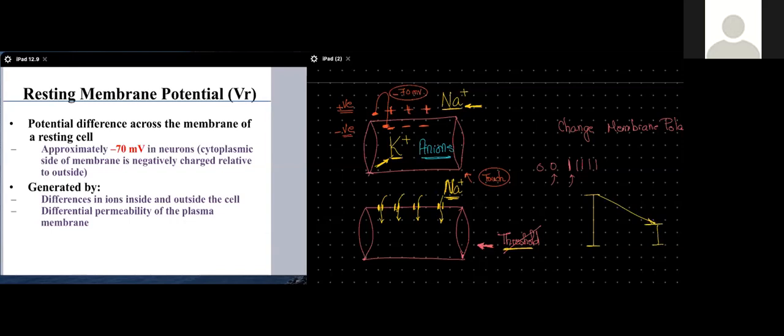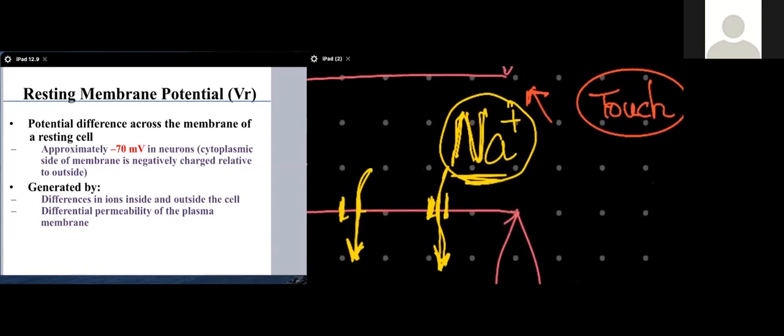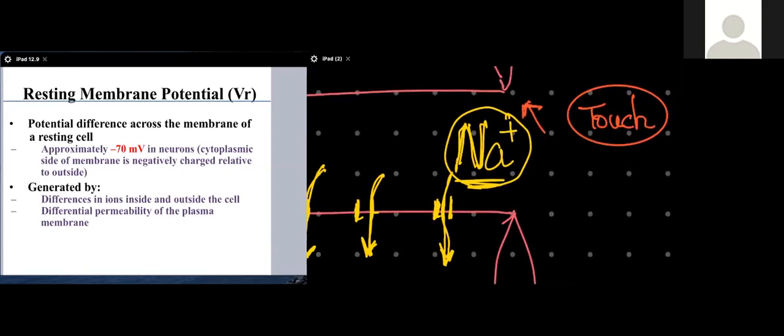So where do I have a high concentration of the sodium again? Outside of the cell. Compared to inside of the cell, I have very small amounts of sodium. So the sodium is going to be moving from outside to the inside of the cell. Is this a cation or an anion? Is this a positively charged or negatively charged ion?